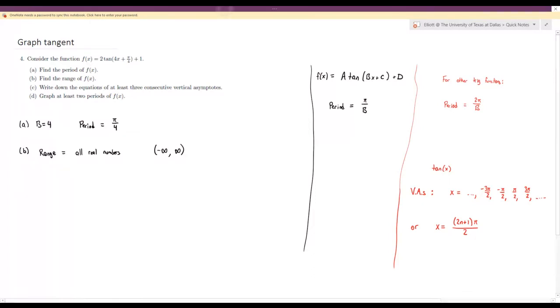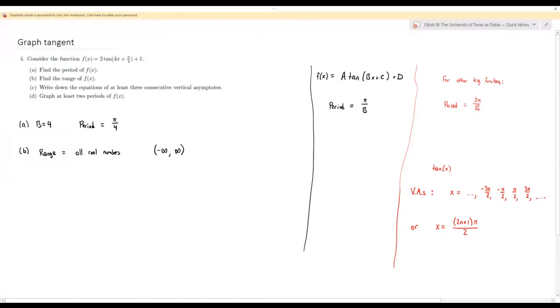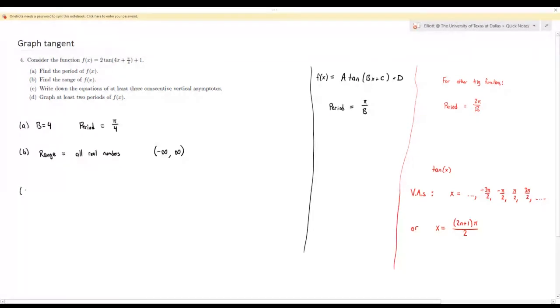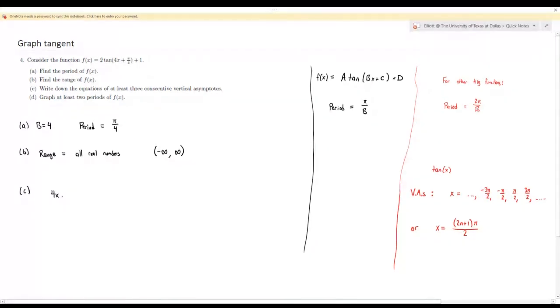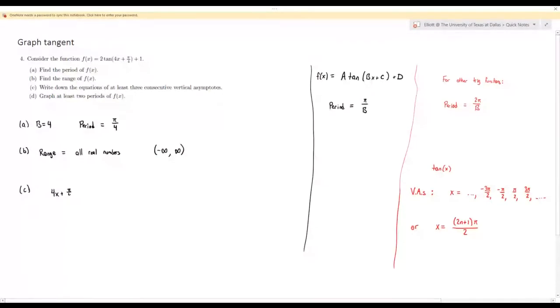Now for this problem though, we have a more complicated tangent function here. If you want to find where the vertical asymptotes are for something more general like this, the idea is you take what's on the inside of the tangent function, in that case, 4x plus pi over 4.